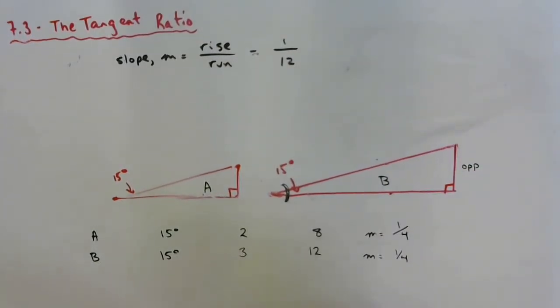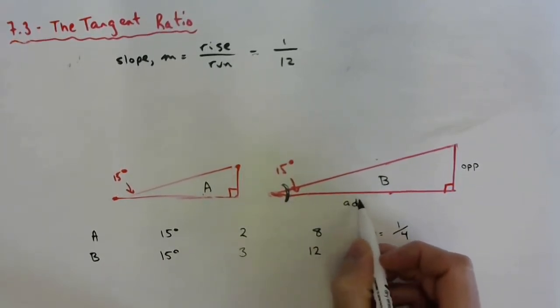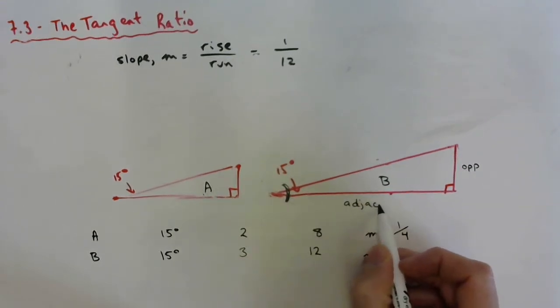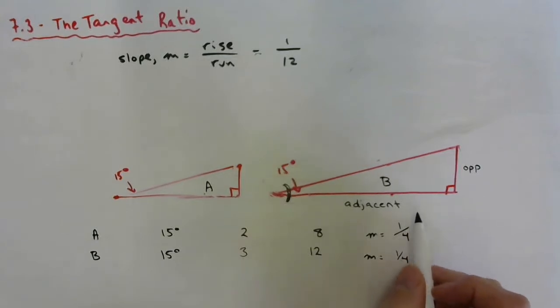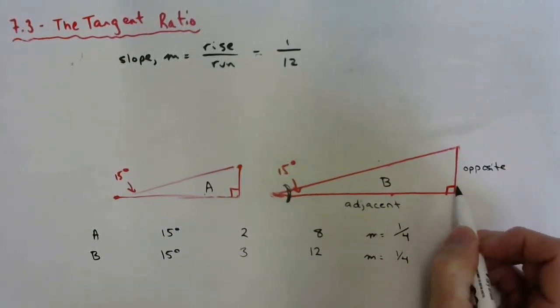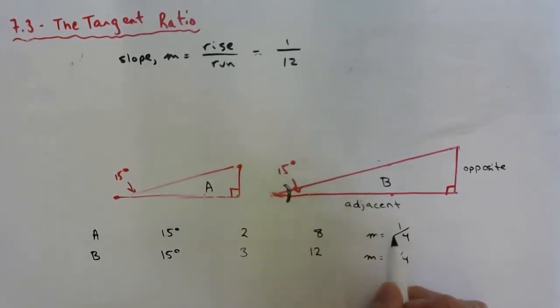Okay? This side is called the adjacent side. Adjacent just means right next to or beside. I don't even know if I'm spelling it right, but hopefully it's close enough. So we have opposite side length over the adjacent side length is the ratio 1/4.